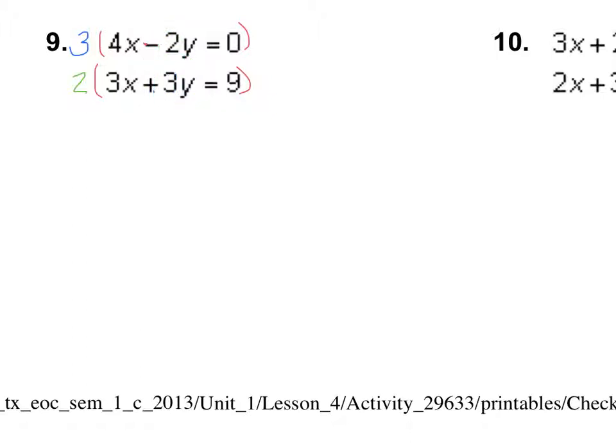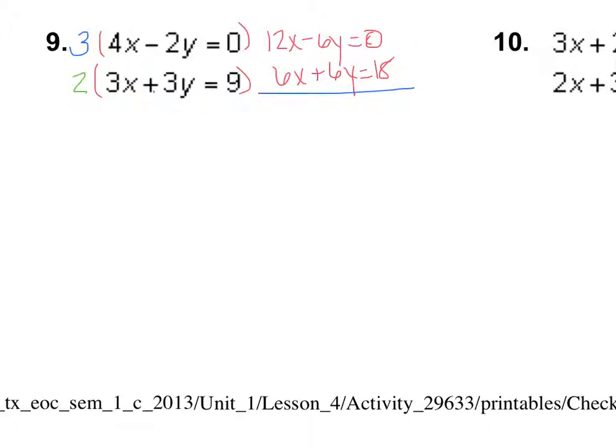And doing this will actually help us get rid of everything. So if I distribute that in, I get 12x minus 6y equals 0. And on the bottom, I get 6x plus 6y equals 18. And voila, now we have 6y and negative 6y.